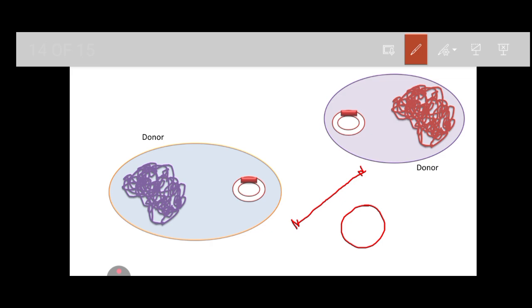And this structure formation is facilitated by an enzyme called DNA ligase. Ligase is an enzyme that connects the two ends of the linear form of DNA so that it takes a circular form, right?